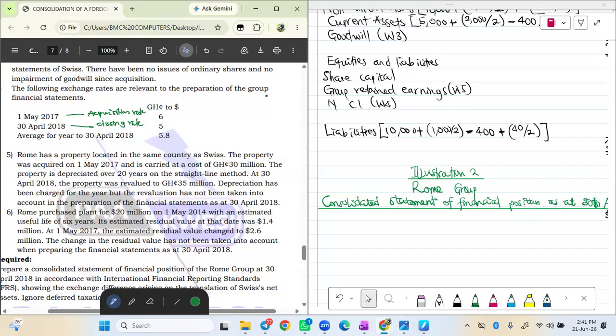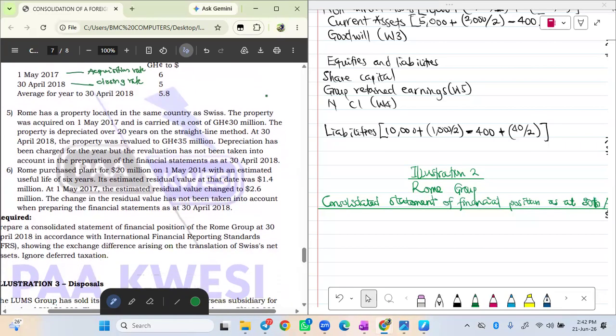At 1st May 2017, the estimated residual value changed to $2.4 million. The change in the residual value has not been taken into account when preparing the financial statements as at 30th April 2018.